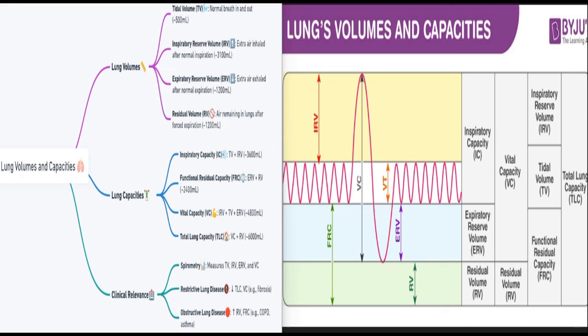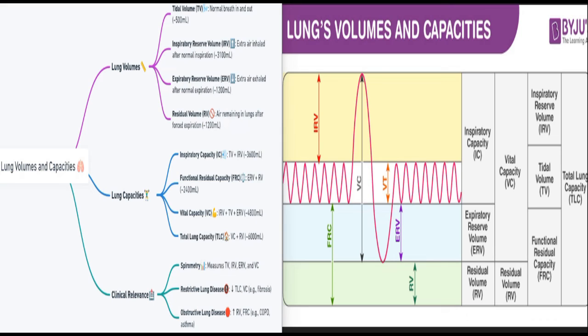So another example of spirometry values: let's say you have your FVC at 1.99, or 67%, below the lower limit of normal, which is 2.23.